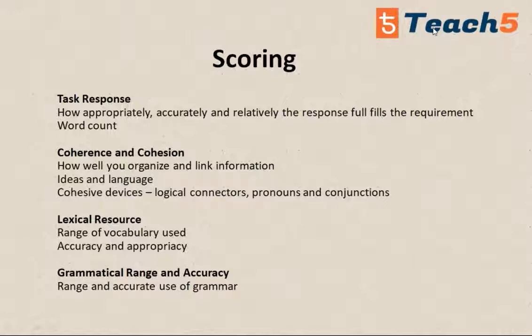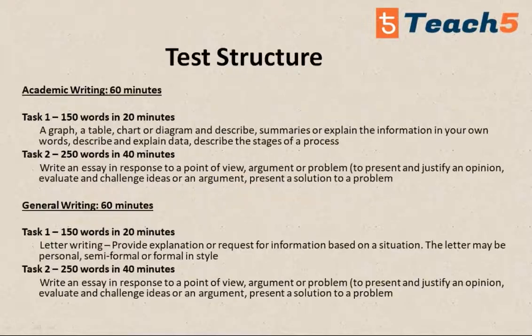Accuracy is all about using proper punctuation, correct spelling, and appropriate tense. So all in all, these are the 4 marking criteria you should be focusing on, and on the basis of which you are scored for your writing.